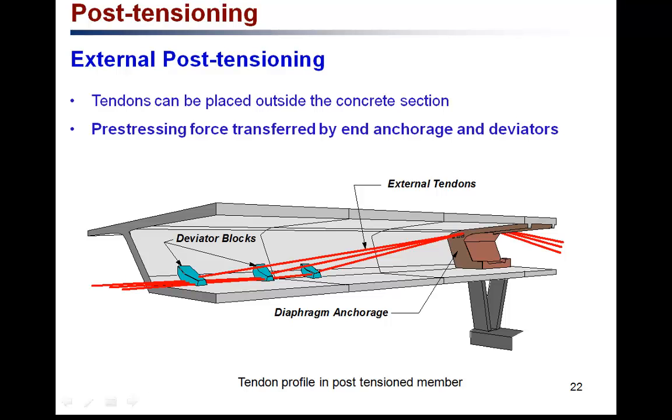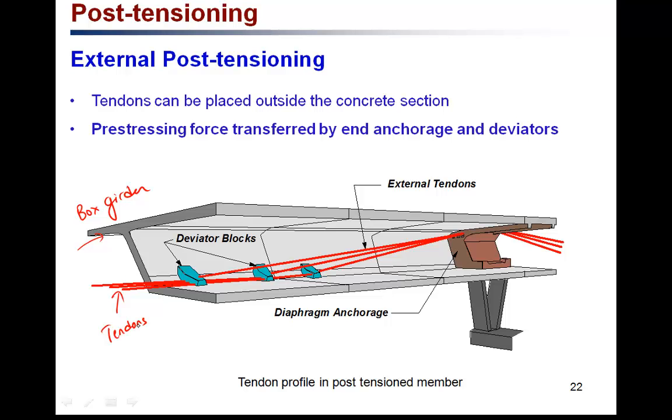And there is a special kind of post-tensioning here. It is called external post-tensioning. The difference is that the tendons or the prestressed wires are placed outside the concrete member itself. So as you can see here, this is a section of a box girder.